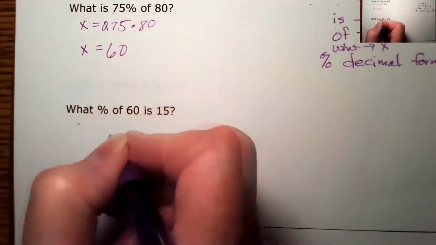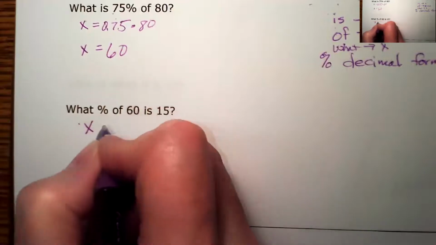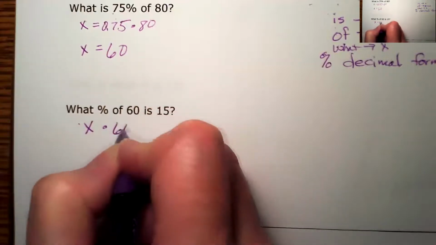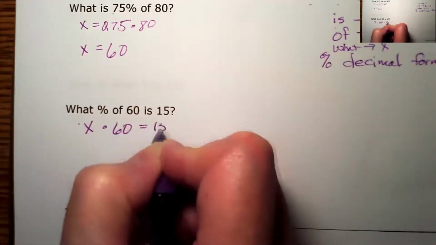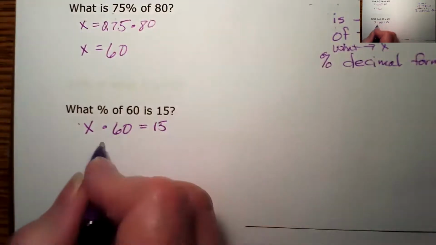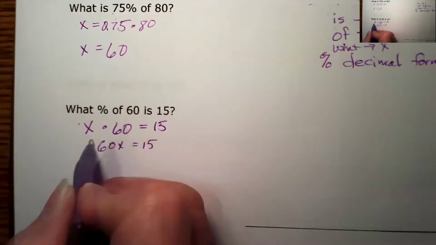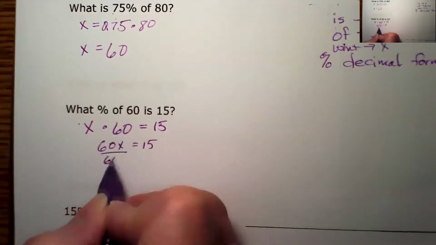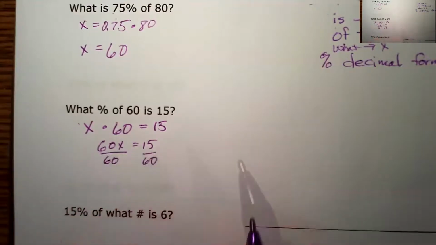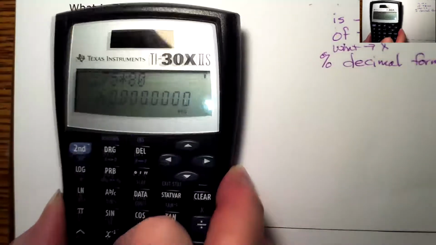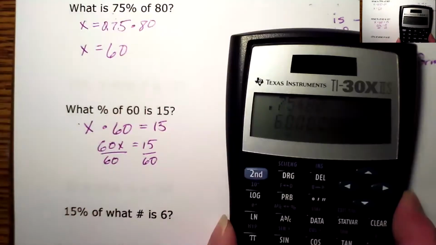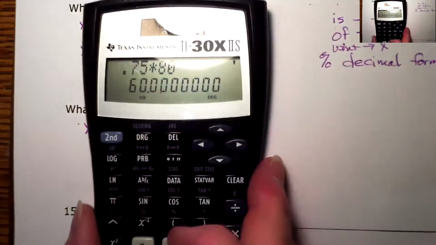The next one, what percent is the X of 60 equals 15. So we're used to seeing this as 60x equals 15, just the commutative property to switch those around. Then to solve for x, I divide by 60. That's why it's called the percent equation. We turn things into an equation. So we're going to do 15 divided by 60.